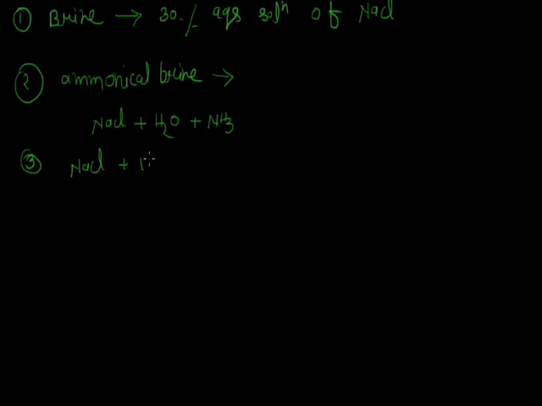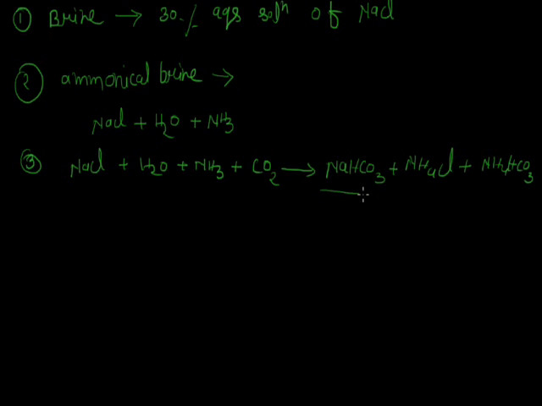NaCl plus H2O plus NH3, meaning ammoniacal brine, reacts with CO2, and the products are sodium bicarbonate NaHCO3 plus NH4Cl, and a little amount of ammonium bicarbonate, that is NH4HCO3.